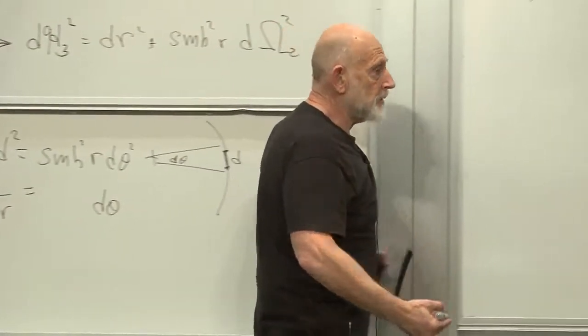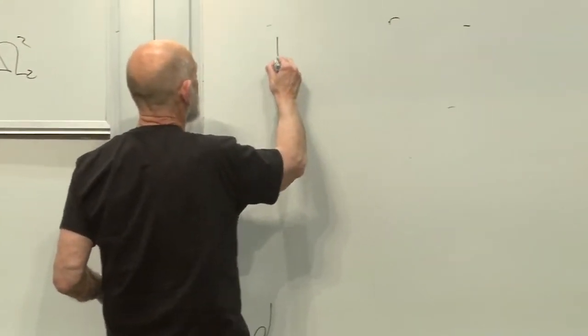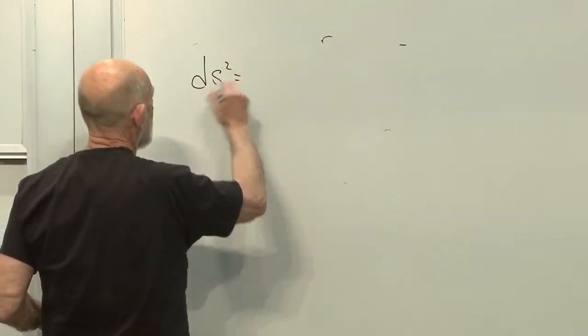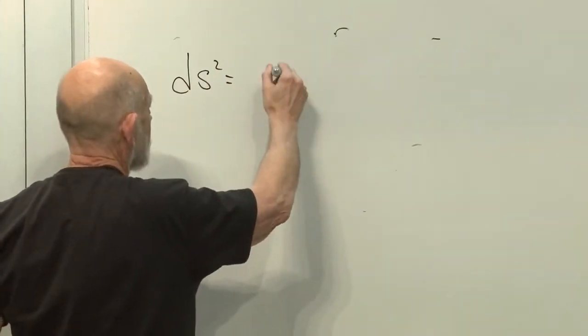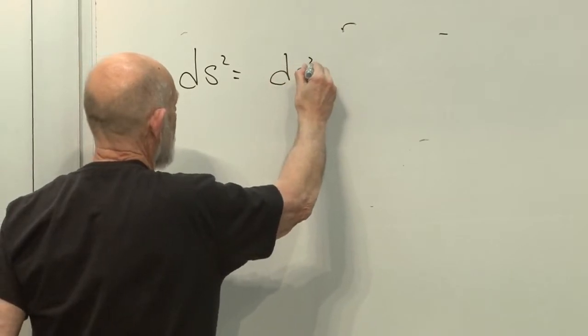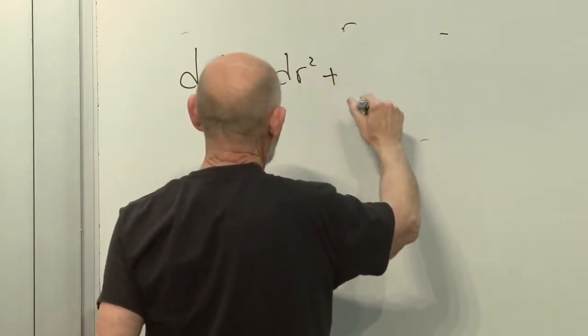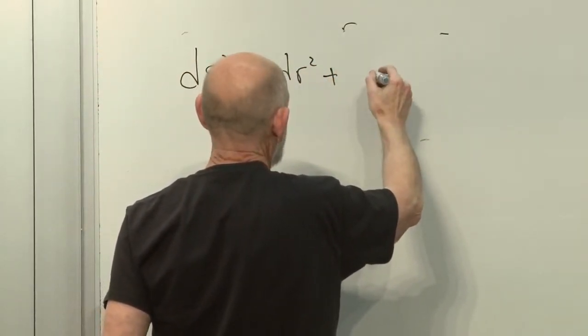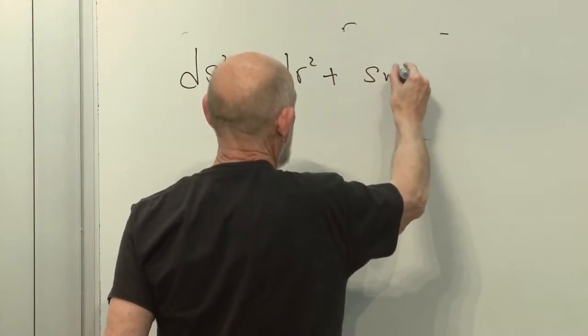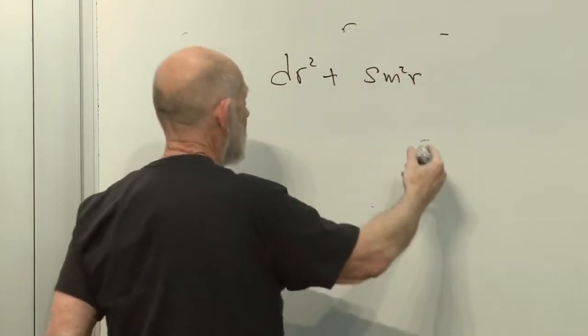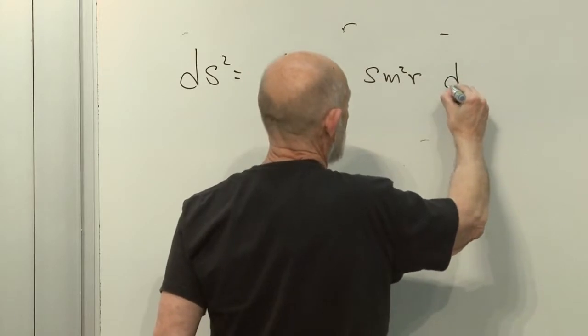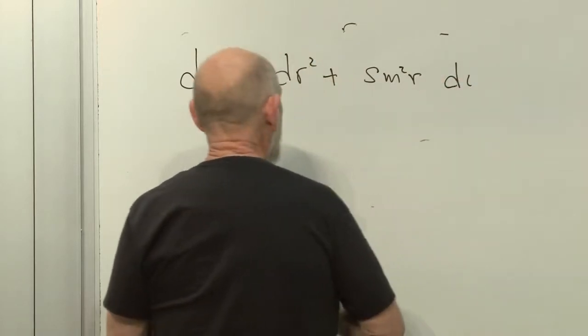A unit sphere has ds squared equal to dr squared plus sine squared r d theta squared, or d omega squared.